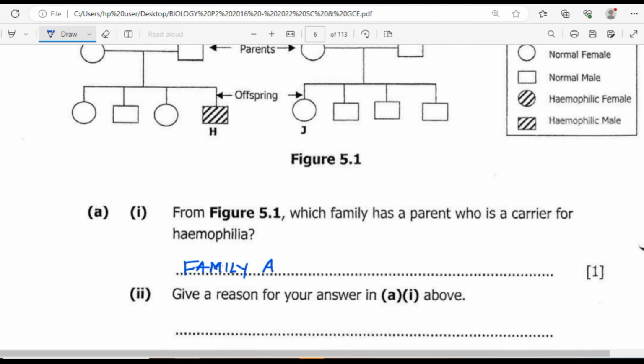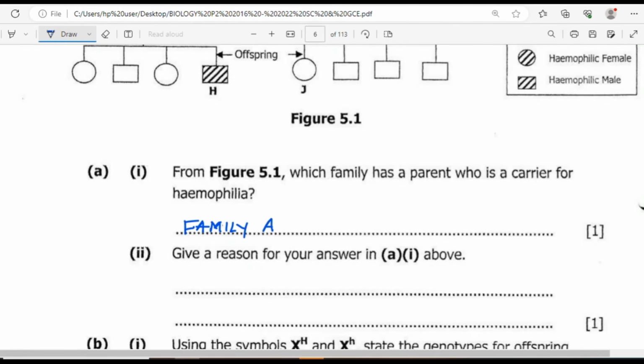Because there was a son who was hemophiliac.